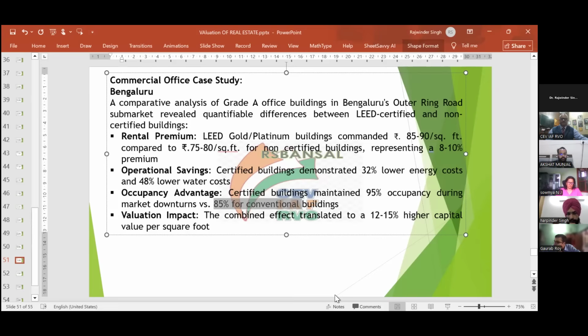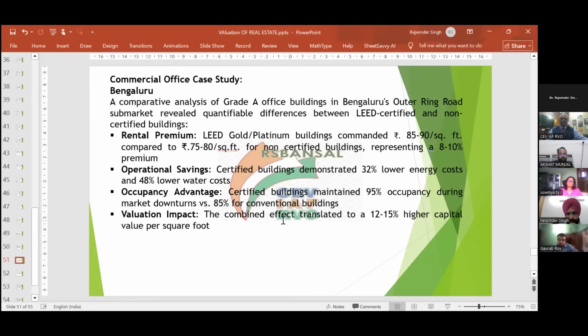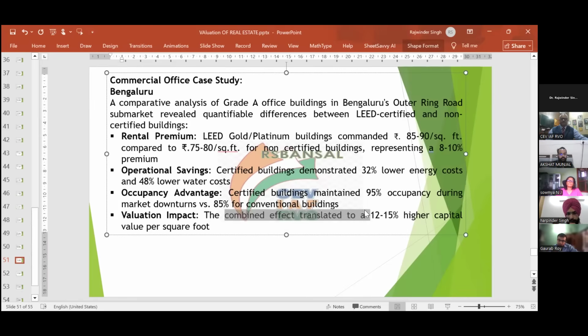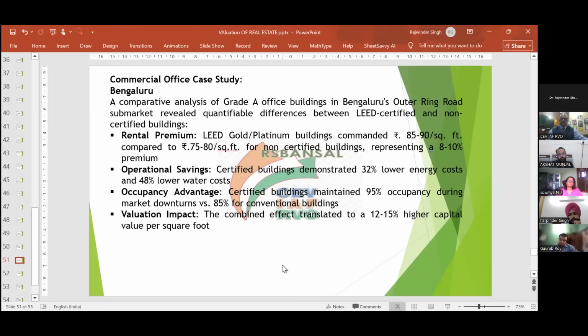And you can take this into your valuation. The combined effect may translate to a 12 to 15% higher capitalized value per square feet.